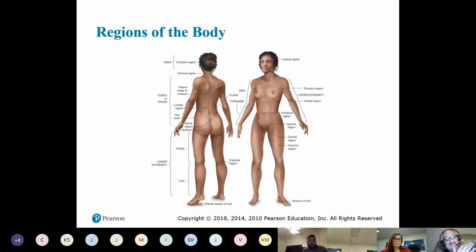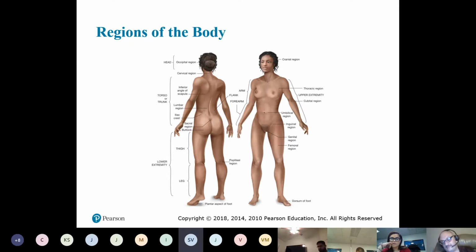So the first one is the head. We have the head, and it has a lot of regions, frontal, occipital. It really pertains to what part of the body, usually bones or anatomical areas. So it pertains to the neck, because the bones in the neck are called the cervical spine.